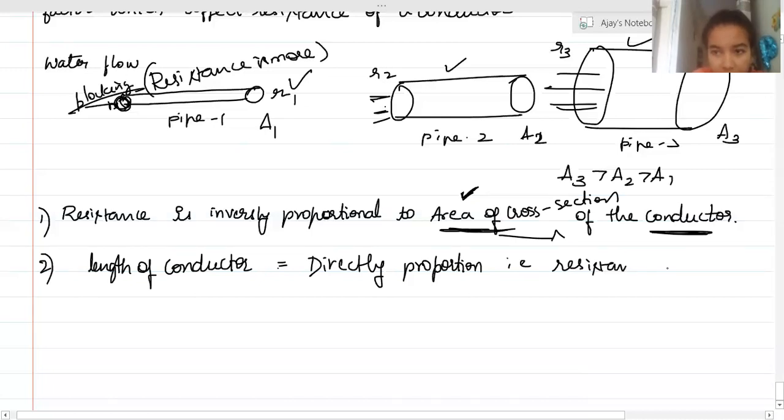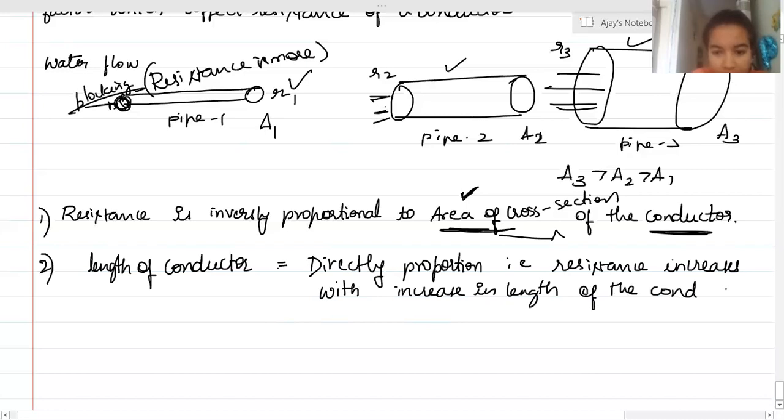That means resistance increases with increase in length of the conductor. So if length increases, resistance also increases.